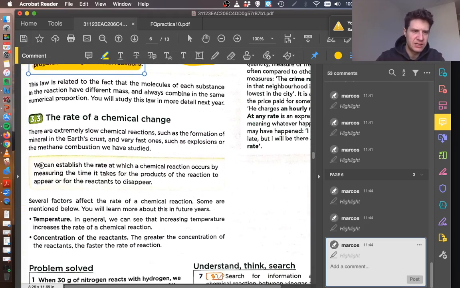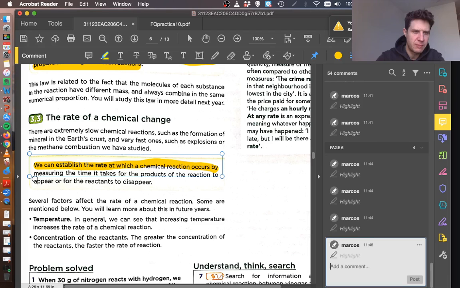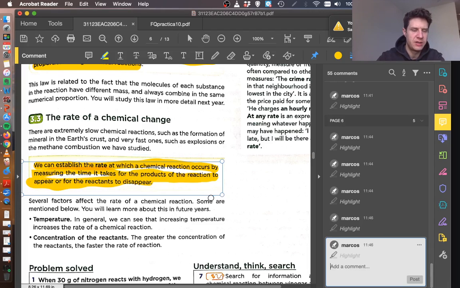The rate of change: we can establish the rate at which a chemical reaction occurs by measuring the time it takes for the products to appear or the reactants to disappear. So if it lasts 4 minutes, it lasts 4 minutes always, if we maintain the same characteristics in the lab.